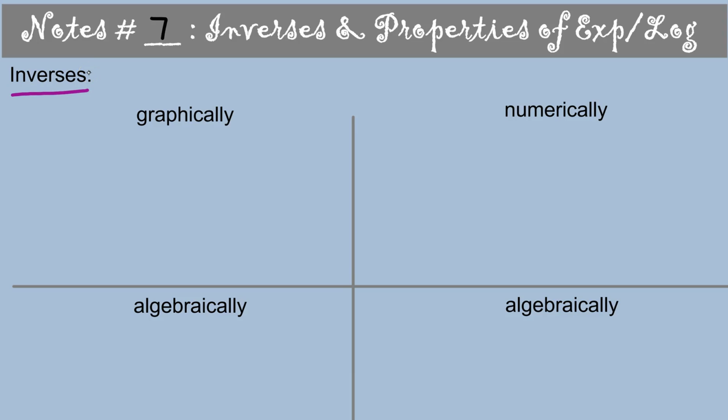And you have learned some different things about inverses that we could categorize as graphical, numerical, and algebraic. So what do we know graphically about inverses? Here's an example. Let's say we have an exponential growth function, and let's say we have the line y equals x.